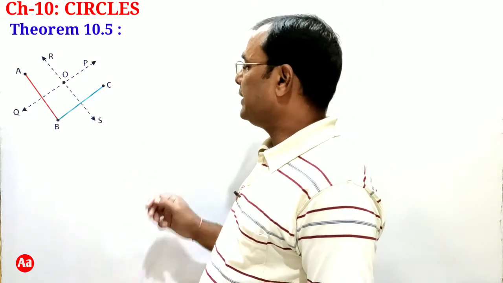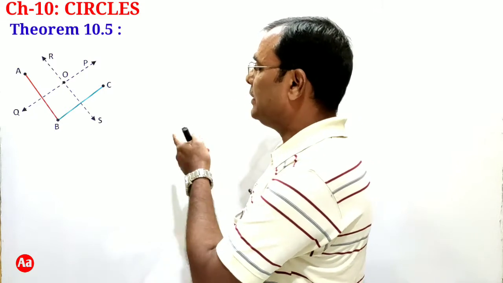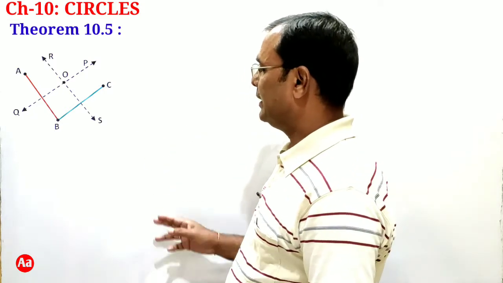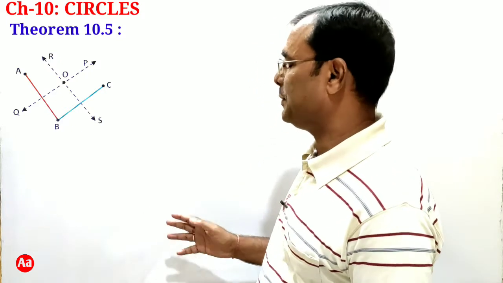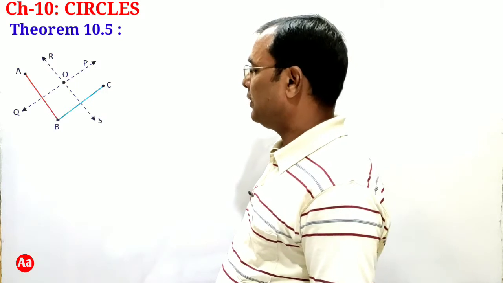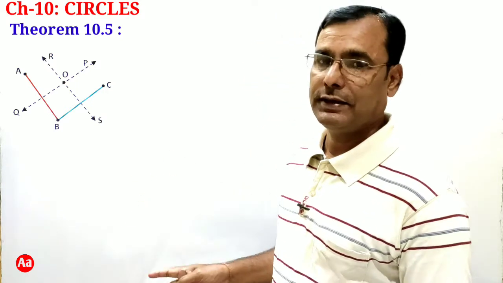O is the point of intersection of perpendicular bisectors PQ and RS of line segments AB and BC respectively. Point O lies on perpendicular bisector of line segment AB.